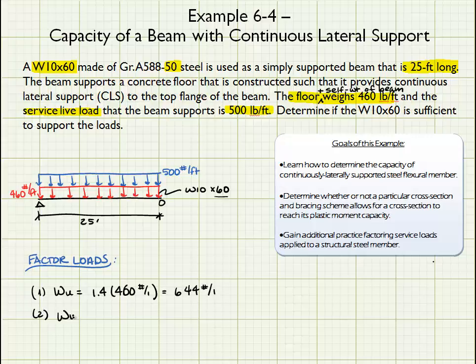And the second is 1.2 times the dead load, 460, plus 1.6 times the live load, 500 pounds per foot, which is 1,352 pounds per foot. So load combination number 2 is the one that controls. That is the factored distributed load that we're going to have to design against.